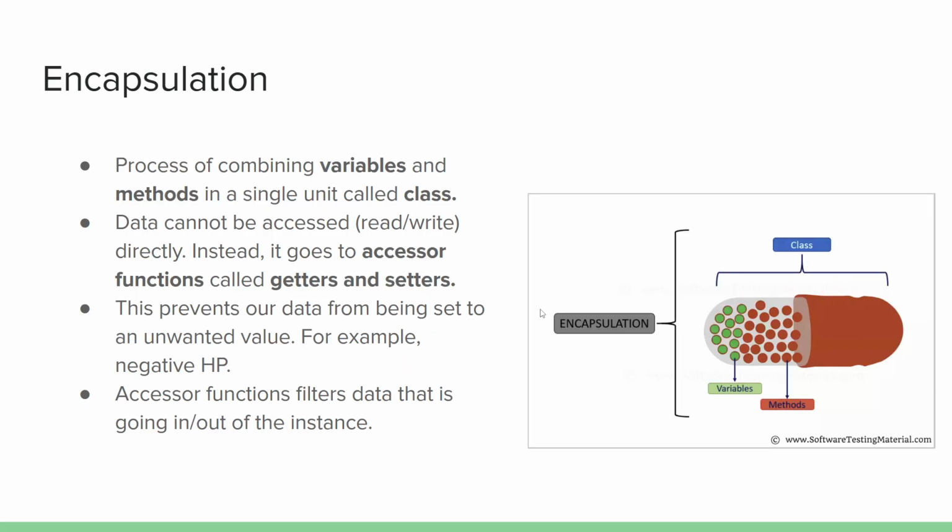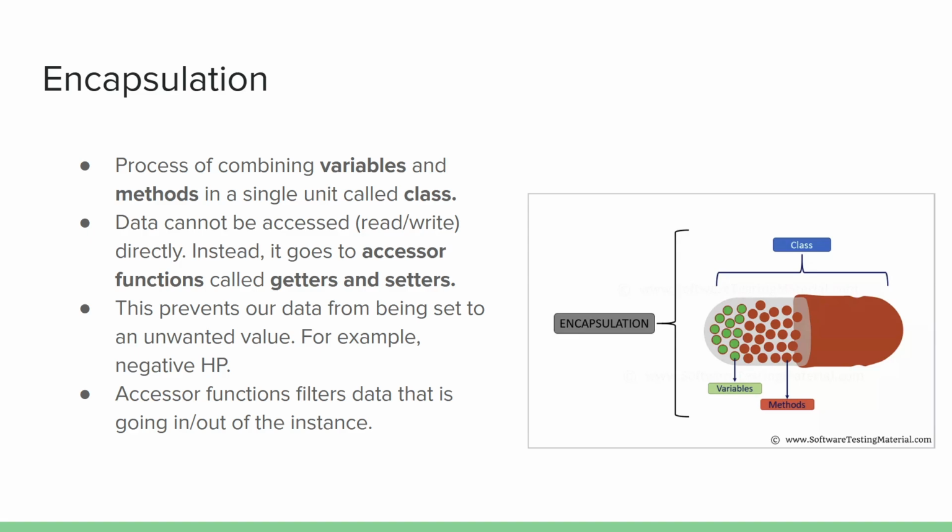So what we do is we try to encapsulate. If we encapsulate variables and functions, we try to contain them within the class, or maybe allow access outside the class, or maybe within the child classes, which you'll be learning later on. So encapsulation is a process of combining variables and methods in a single unit called a class. So data cannot be accessed directly.